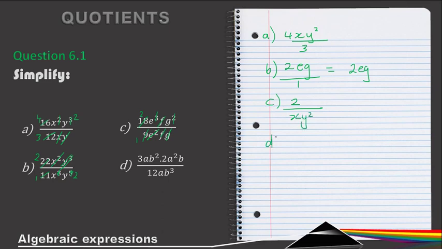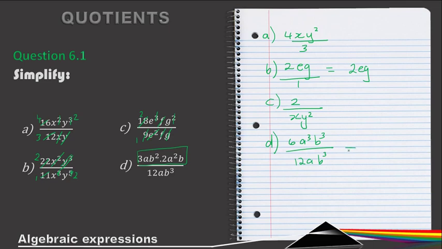And then for D, before I start cancelling, I'm going to start by multiplying this out. Let's simplify that. So 3 times 2 is 6, a times a is a to the power 2, and b squared times b is b to the power 3. And that's over 12ab to the power 3.